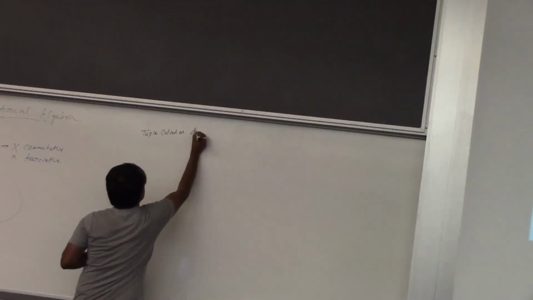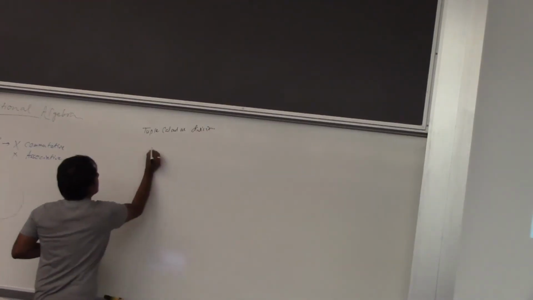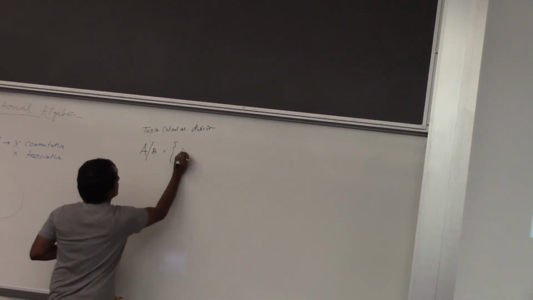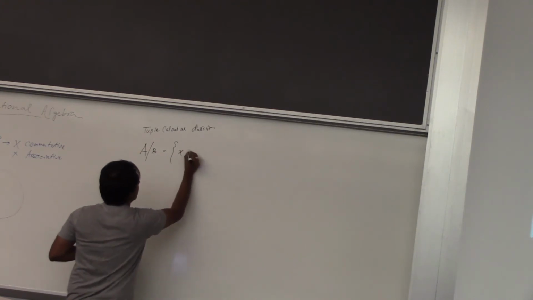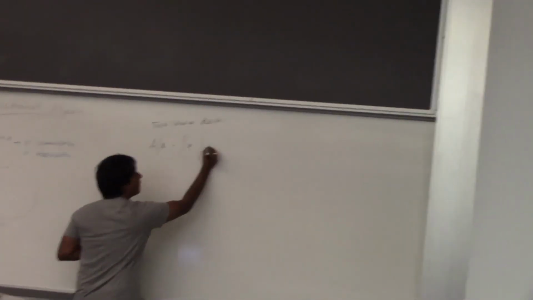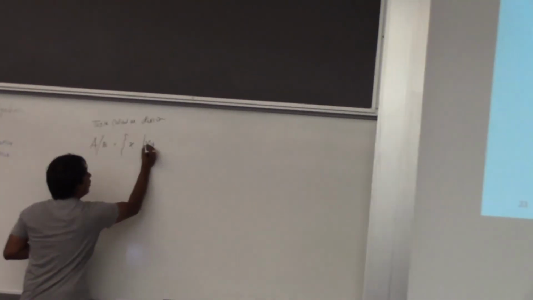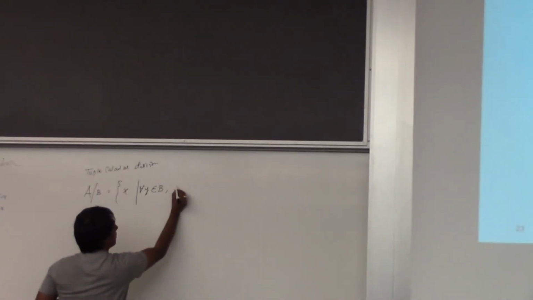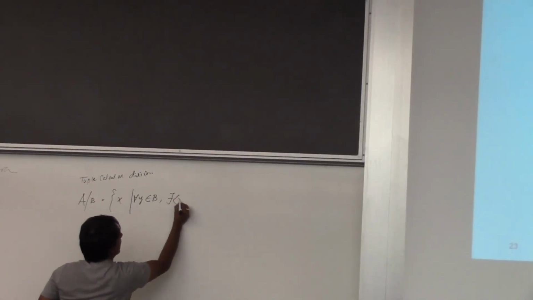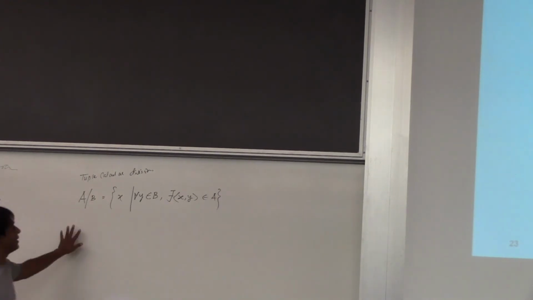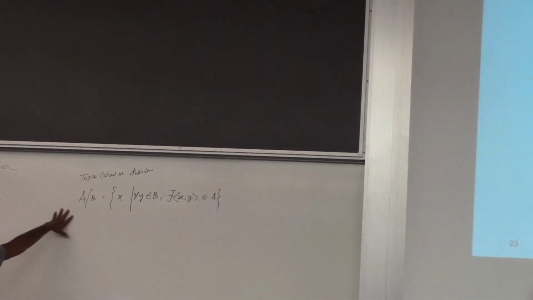In the tuple calculus division operator, A divided by B should be all the x's, these are the qualifying elements, such that for all y in B, there exists a combination xy in A. So this is exactly the tuple calculus expression for division.